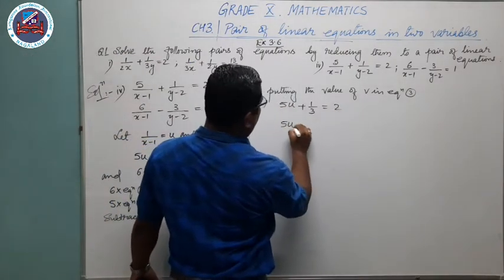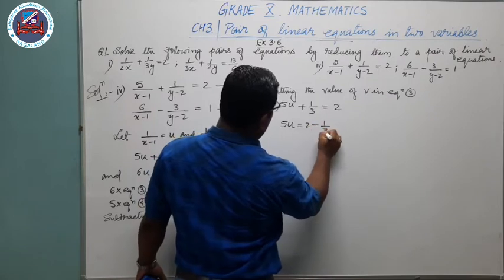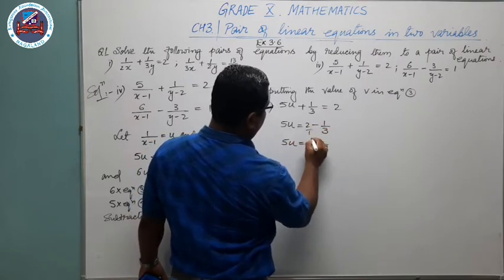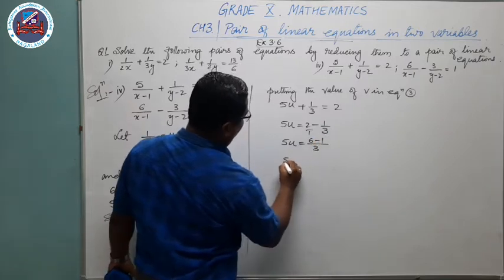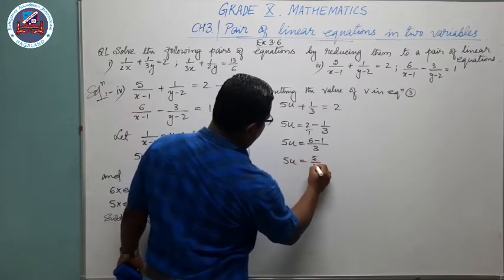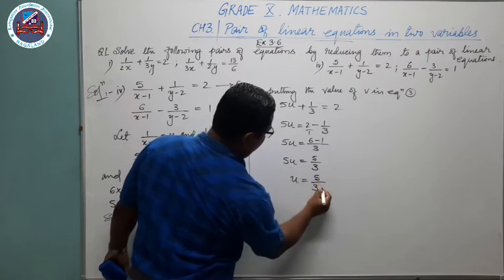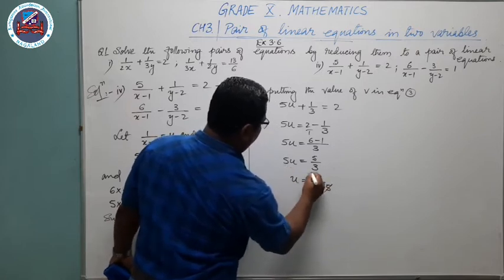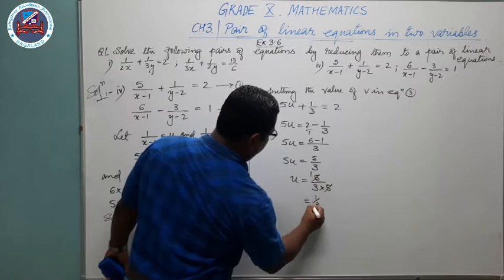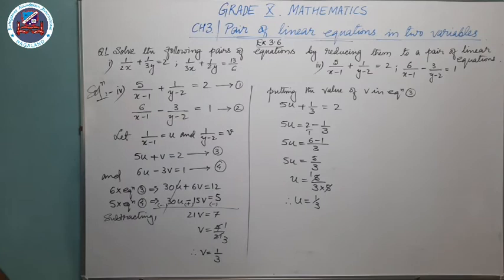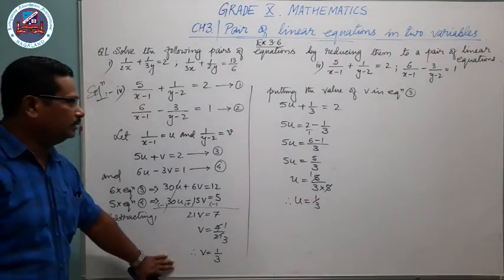So 5u is equal to 2 minus 1 by 3. 5u is equal to, take LCM, 3 2s are 6 minus 1, 5u is equal to 5 by 3. u is equal to 5 by 3, this 5 we can bring down. 5 1 time is 5, so it is 1 by 3. So u will get 1 by 3. v was also 1 by 3.